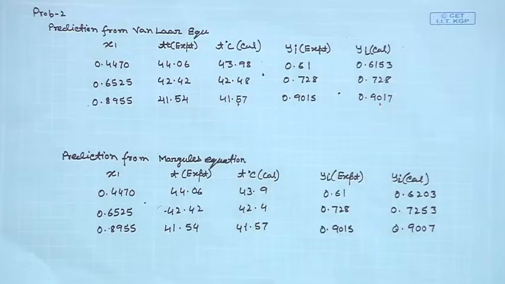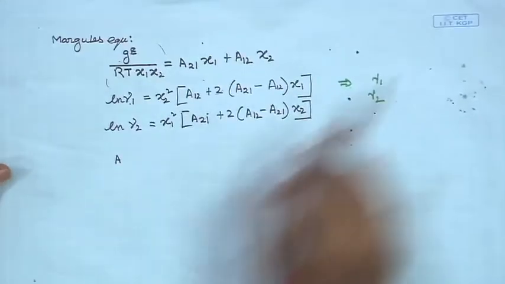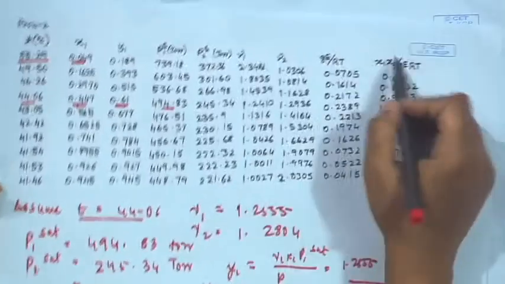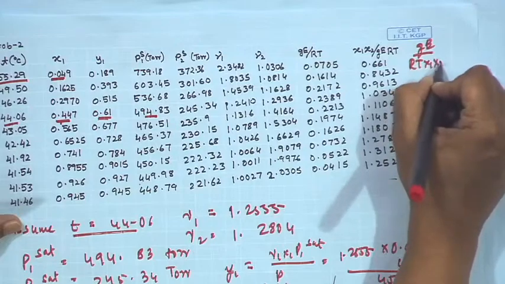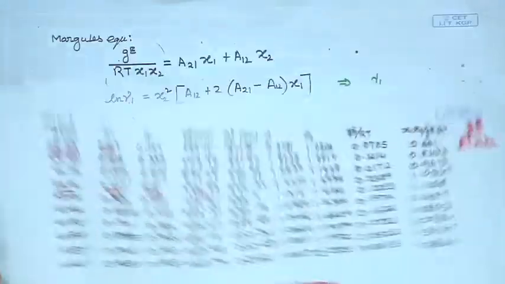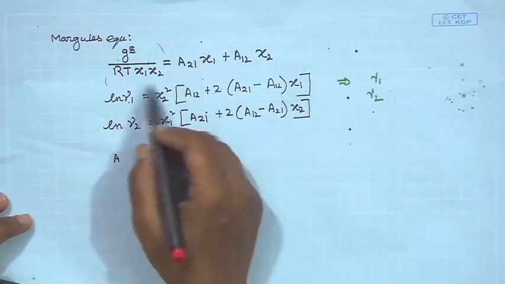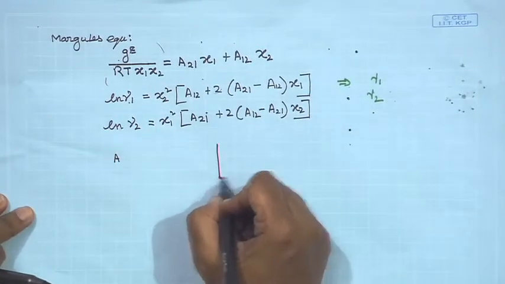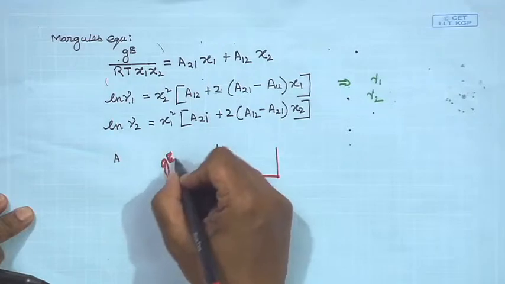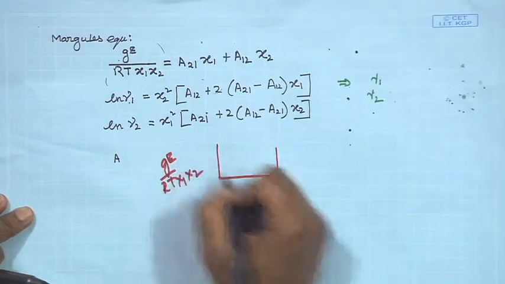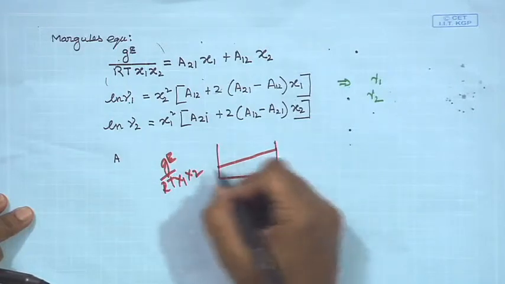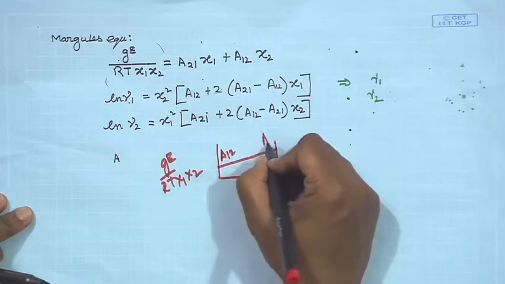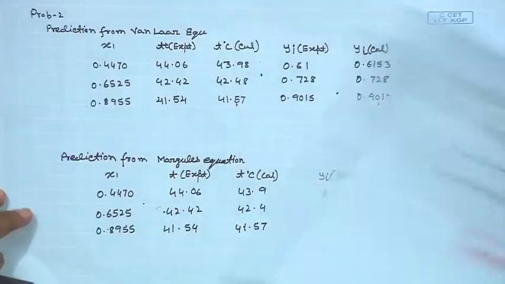The situation is going to be the same. In this particular case, instead of finding out GE by RT, we will be finding out GE by RT x1 x2, and we will be plotting that, right. So, therefore, we can find this out, and we can plot it out. If we plot out GE by RT x1 x2 as a function of x1, again from the intercepts we know that at x1 equals to 0 we will get A12, here we are going to get A21, right.